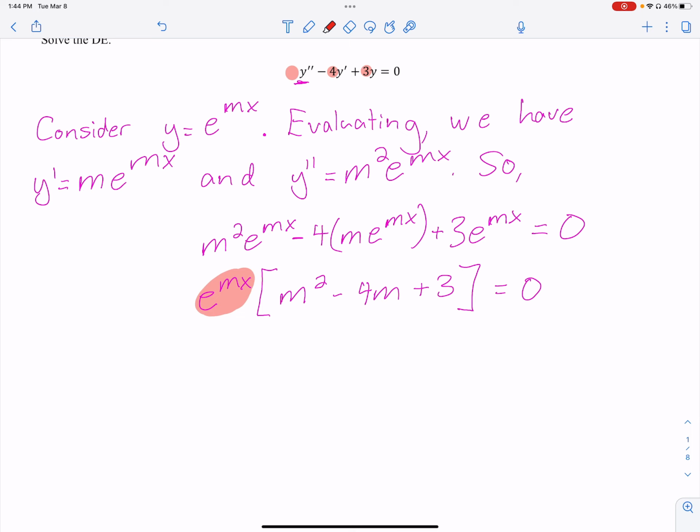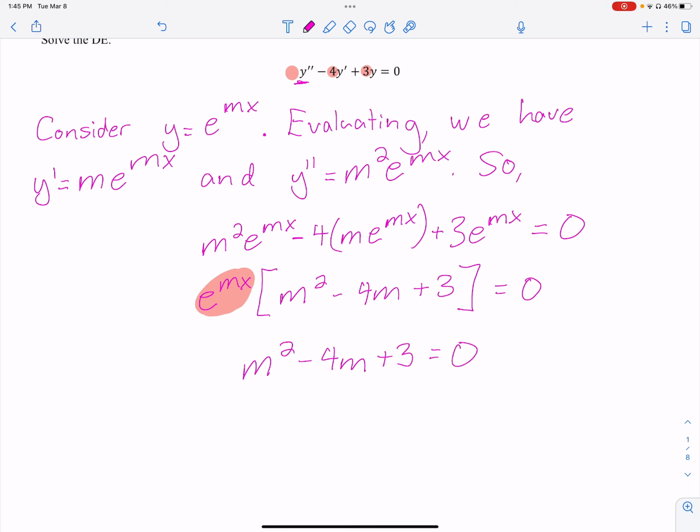Any m, any x, I can't get 0 out of e to something. Negatives give me a fraction, 0 gives me 1, positives aren't going to give me anything else. So what this tells me is that m squared minus 4m plus 3 is equal to 0.